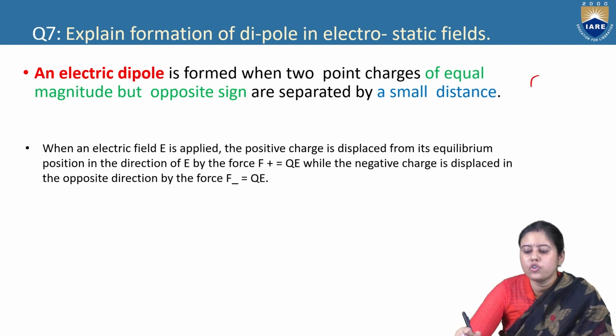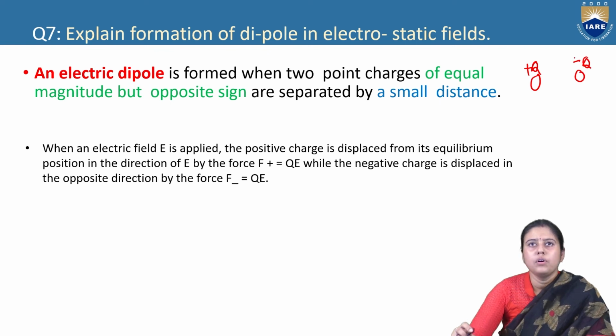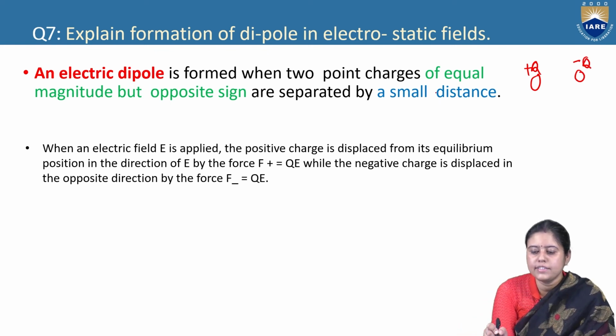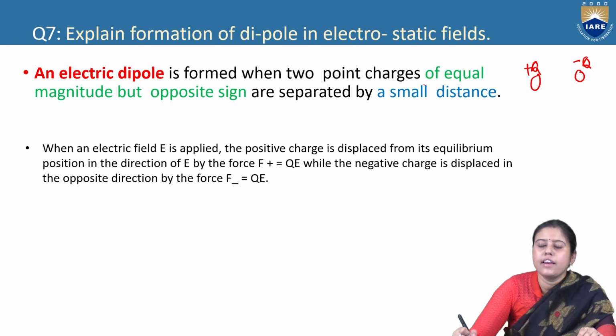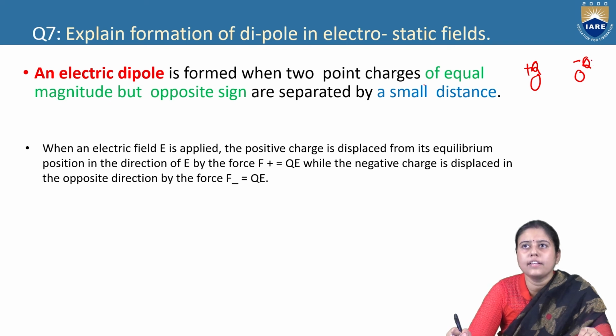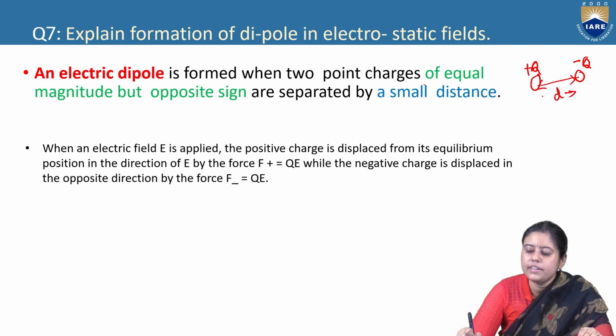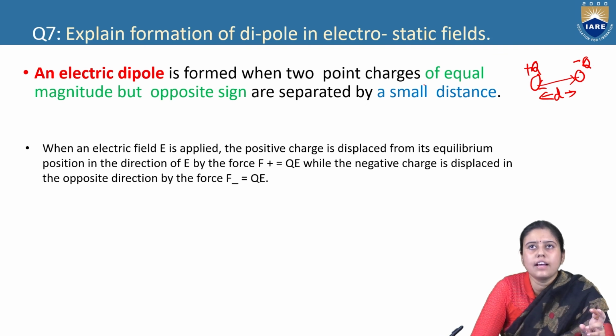Means if there are two charges plus Q and minus Q, both of equal magnitude Q but opposite sign, if one is plus Q, another one should be minus Q, and if their distance is small d, what will happen? It will create some dipole.